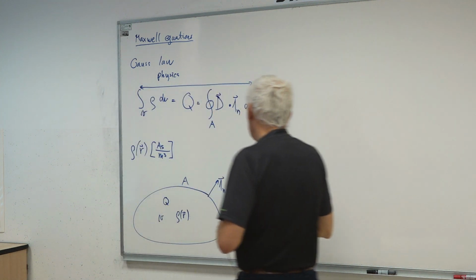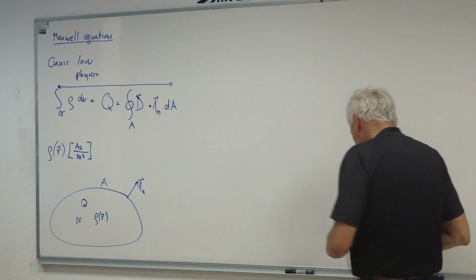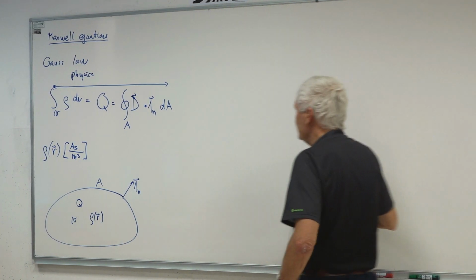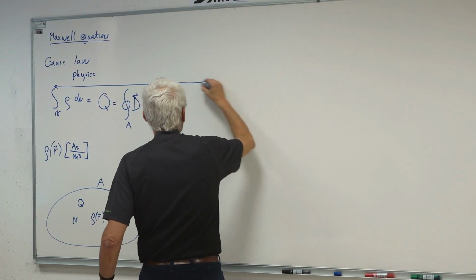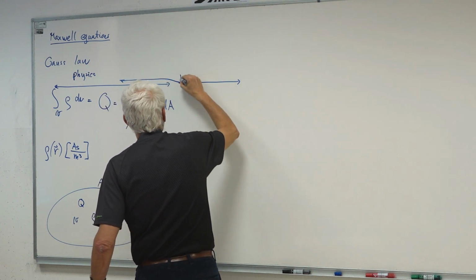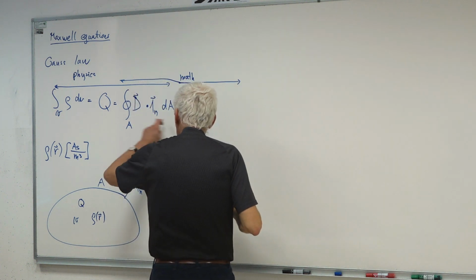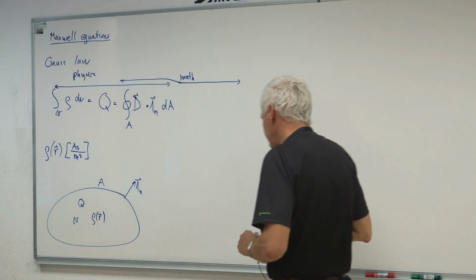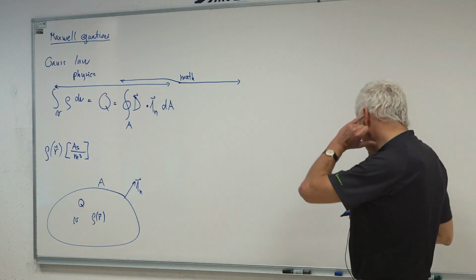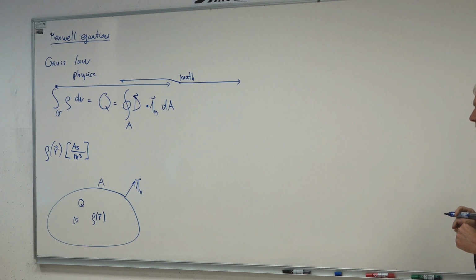But I have yet another Gauss law in mathematics. The Gauss law in mathematics says, so if I write here math, that if I have such an integral, this integral can be transformed from surface integral to volume integral by a certain mathematical operation.